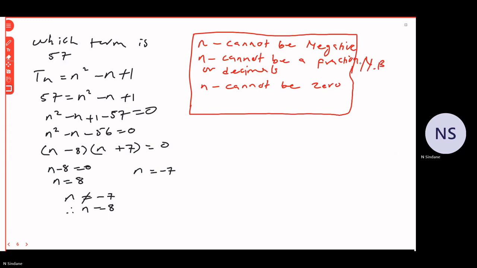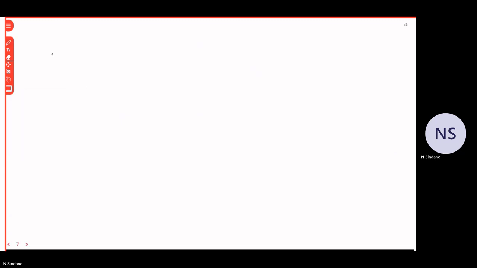And now, last but not least, it is our geometric pattern. You did this in grade 9 when you did that spider. With a geometric pattern, this is what you need to know. Tn is equal to a r to the power n minus 1.